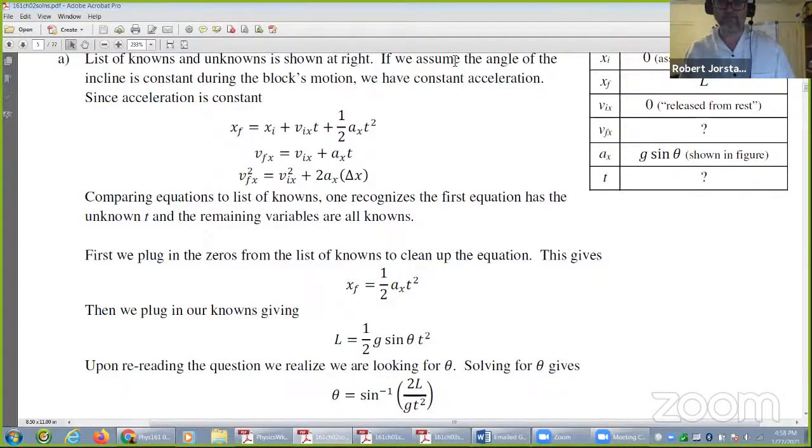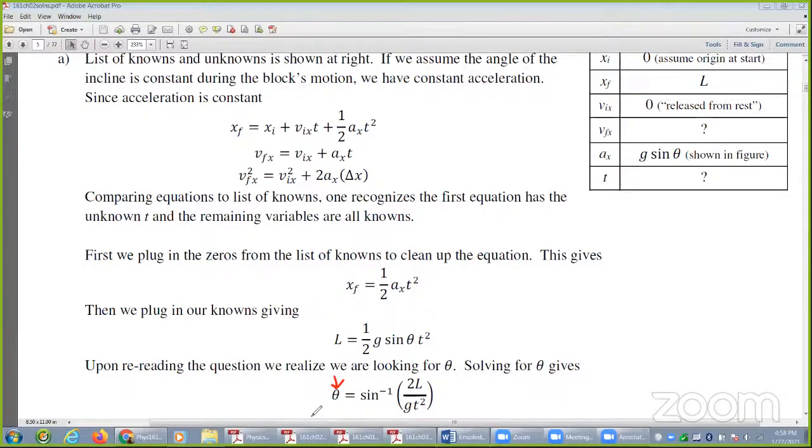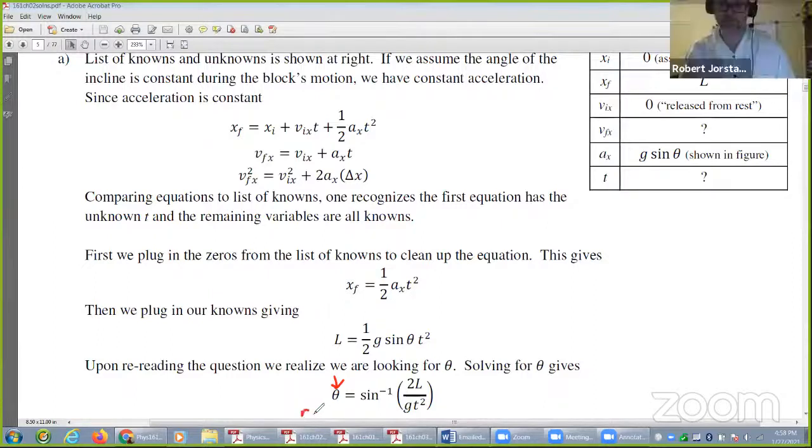What are the units of theta? Unitless, and sometimes we also say radians. So we don't want to say degrees. You could say either no units or radians. Traditionally, people say radians, but radians are equivalent to no units. All right?